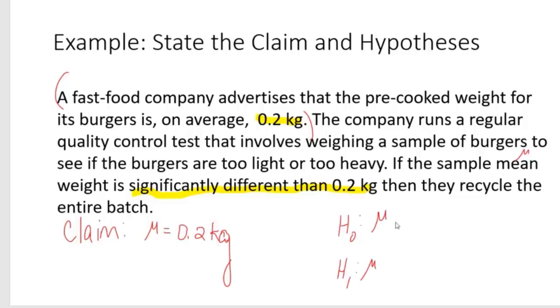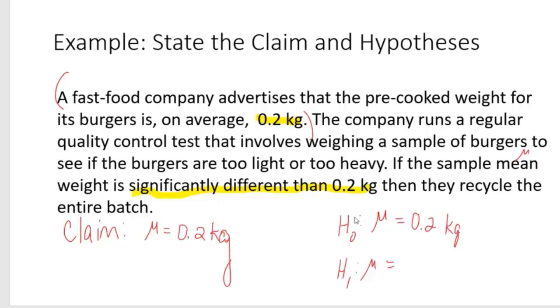We know that the null has to include equals. So this time, the null hypothesis is the claim. And our alternative is going to relate with the other case. And here we've got significantly different.